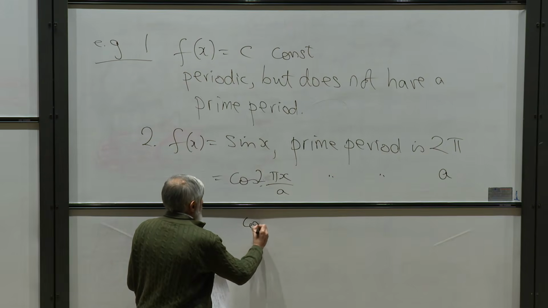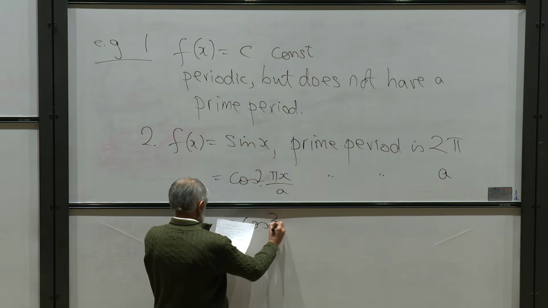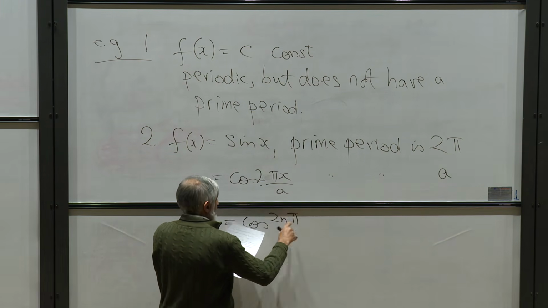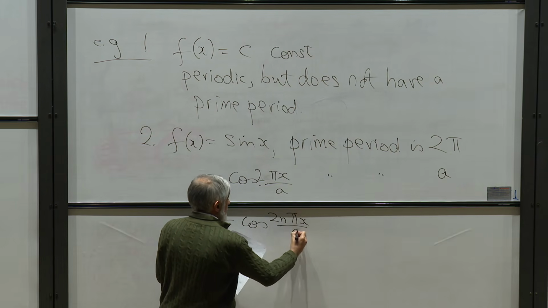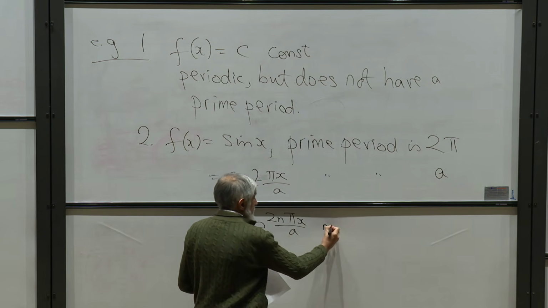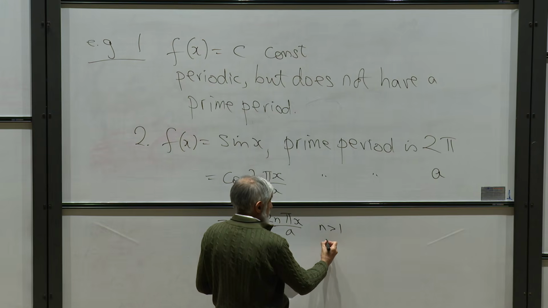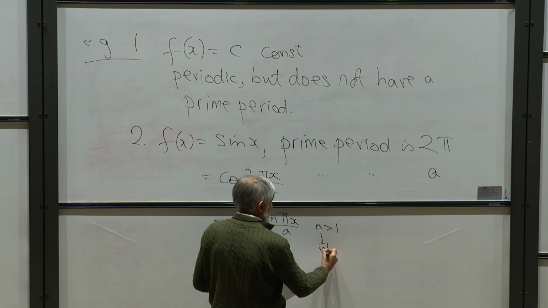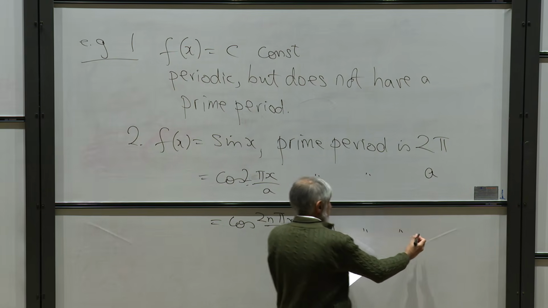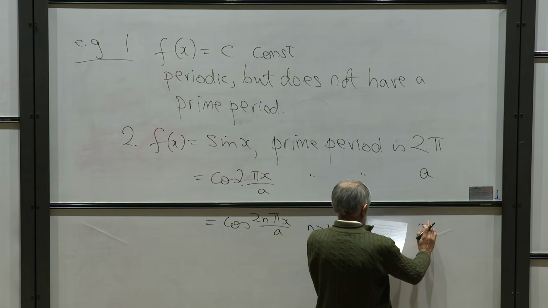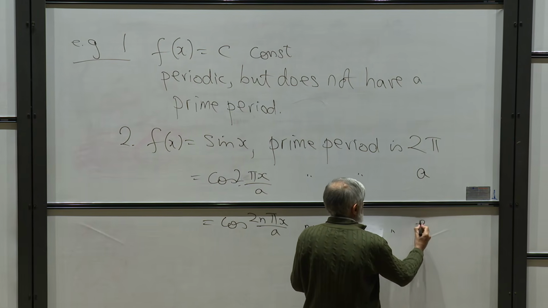And then if we have cos of 2 pi n x over a for n an integer bigger than 1, then the prime period is a over n.